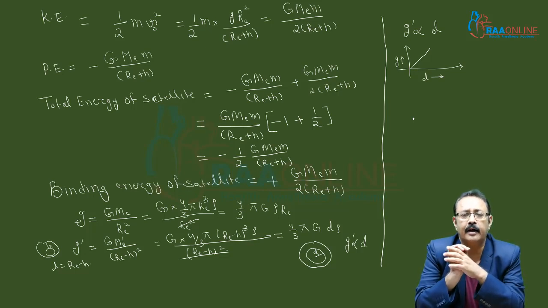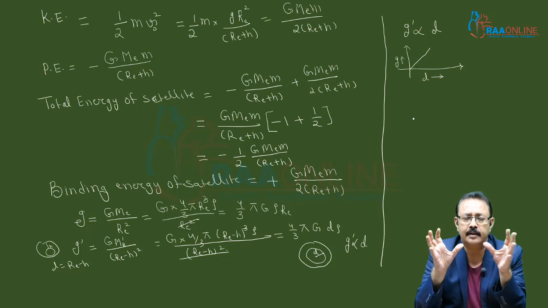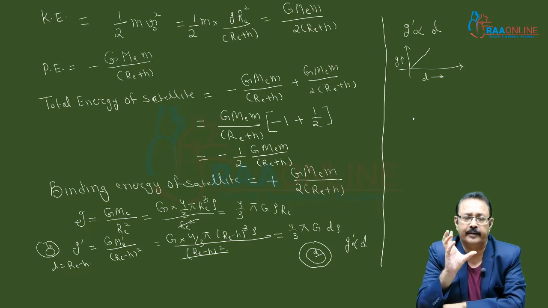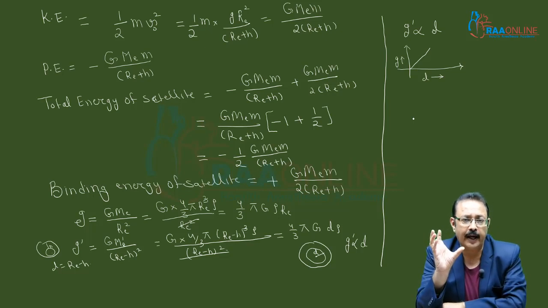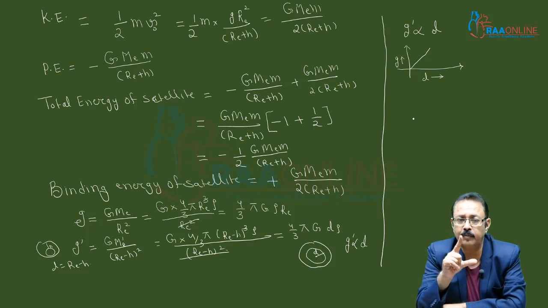If suddenly Earth shrinks without any external torque, what will happen? We know that we are considering Earth as a solid sphere. If external torque is 0, angular momentum should conserve.